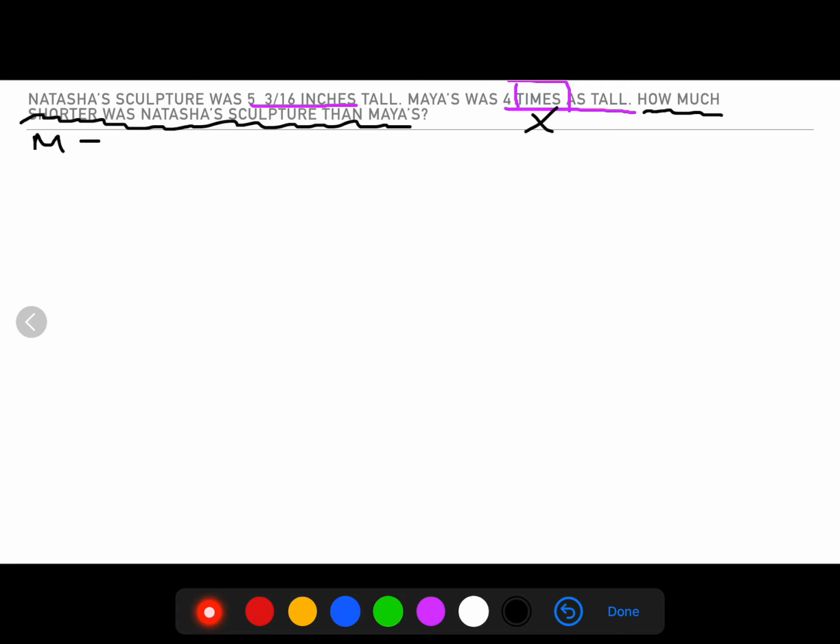So I need to solve for Maya's sculpture. What am I going to be multiplying in order to solve for Maya's sculpture? The height of Maya's sculpture. That's right, 4 times 5 and 3/16.